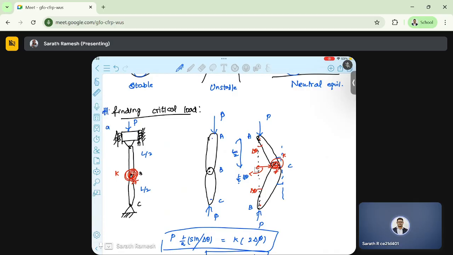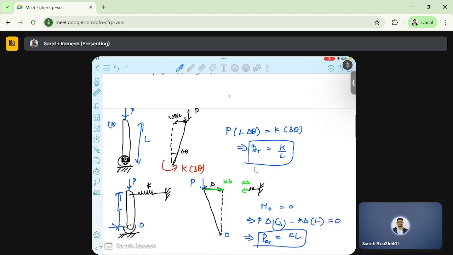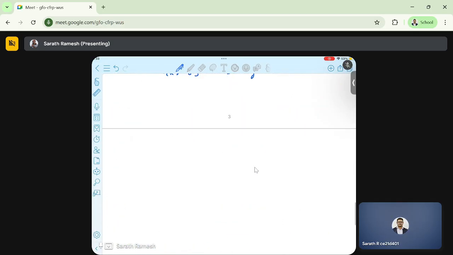Let's say problem number two for the day. So I'm given a simply supported column, the length of the column is 5 meters.